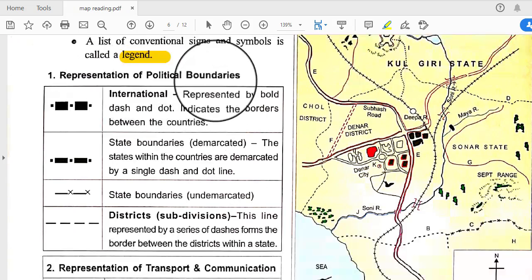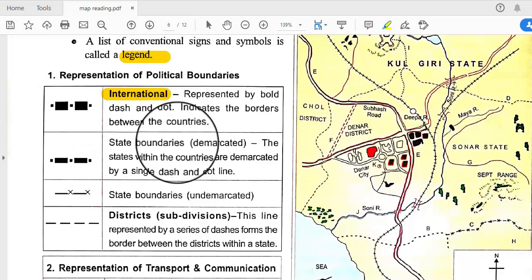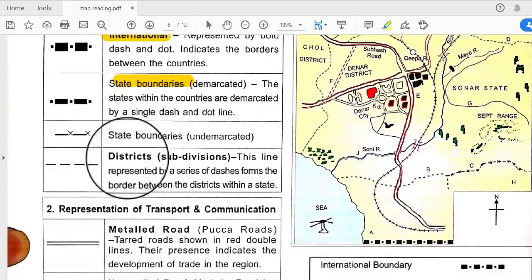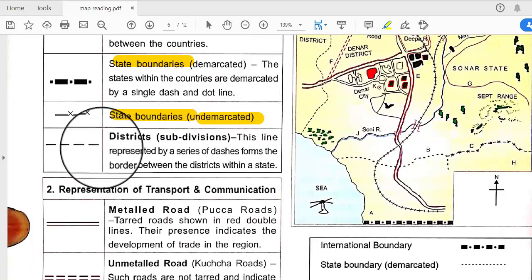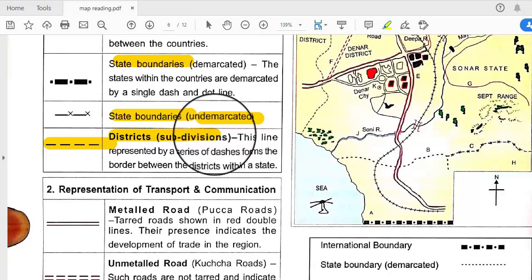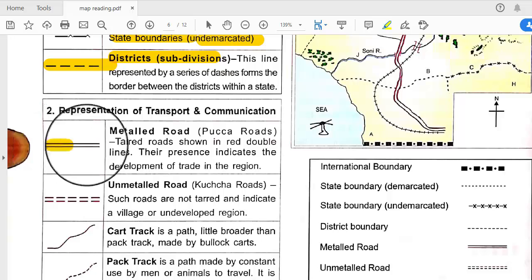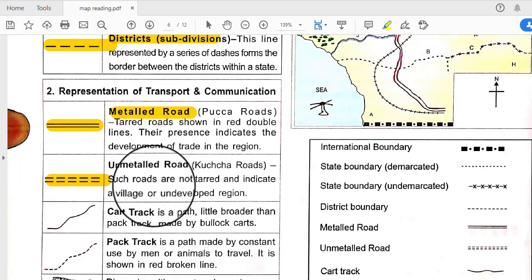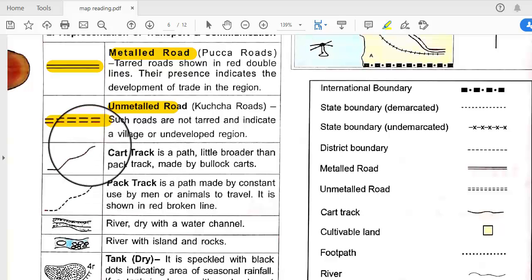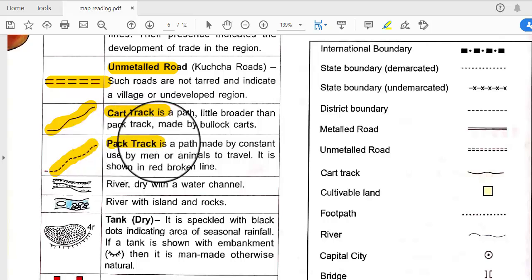For the representation of political boundaries, we use this kind of symbol for the international boundary, this for the state boundary, this kind of symbol for the state boundary undermarketed, and next this kind of symbol for the boundary of a district. For transport and communication, we use two continuous red lines to denote the metalled road, two dotted lines for the unmetalled road, this curvy line for the cart track, and this for the pack track.